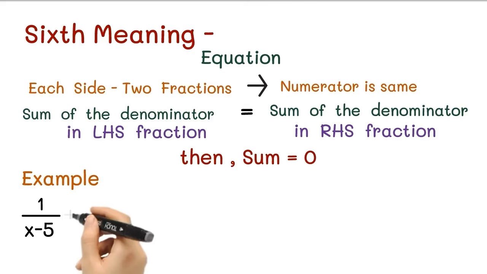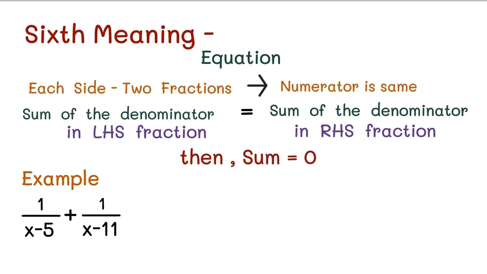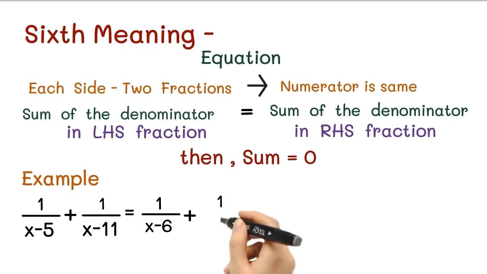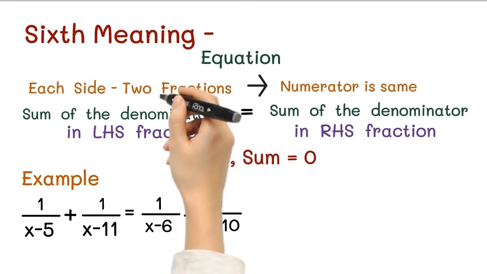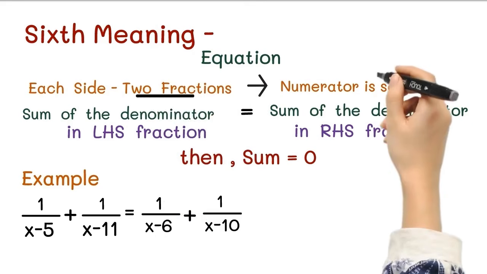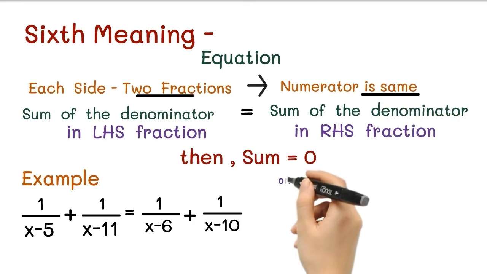1 upon x minus 5 plus 1 upon x minus 11 equals 1 upon x minus 6 plus 1 upon x minus 10. So you can see on LHS and RHS we have two fractions. Now the numerator is same for both sides.